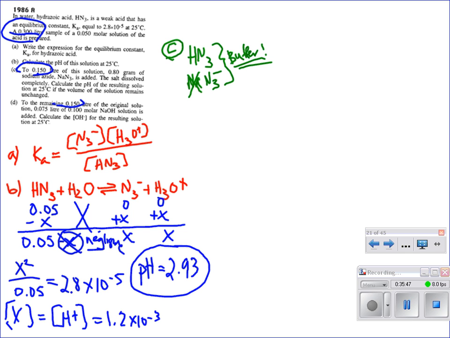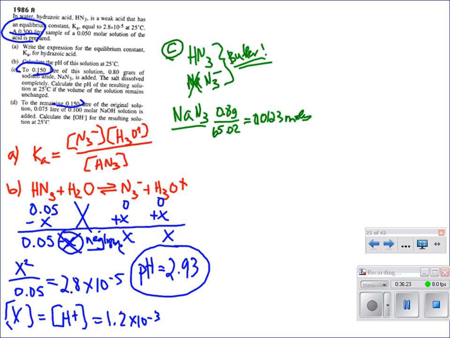Okay, so we're putting 0.8 grams of sodium azide into the 0.150 liters of water. So we need to know how much sodium azide is going in there by finding its molarity. In order to get the molarity, I need to just treat the sodium azide as a salt together. So we have 0.8 grams of that divided by the molar mass, 65.02, and that comes out to be 0.0123 moles.